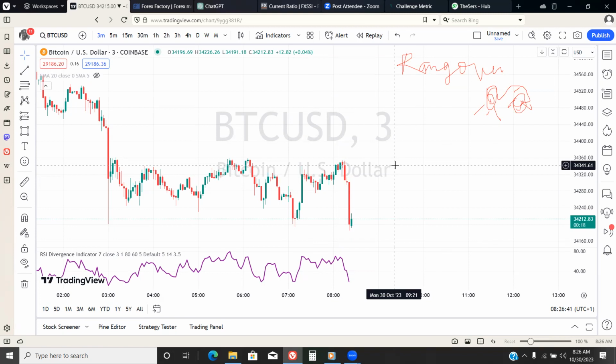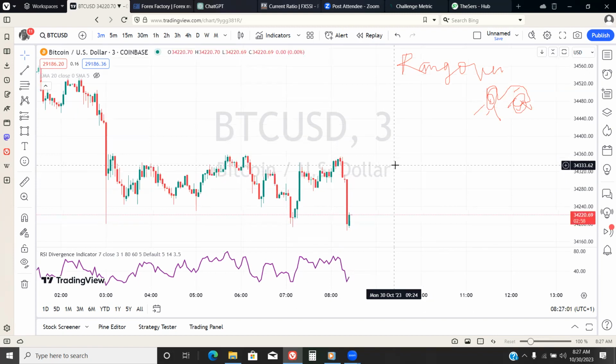If you don't understand the logic behind the buyer and the seller, you will keep on donating money to this market. You need to understand the logic behind the buyer and the seller. Once you can identify that logic, the struggle of us making money in this market will be over.